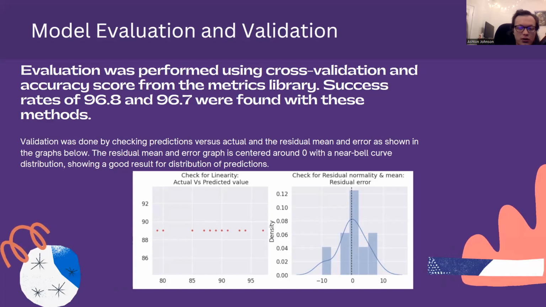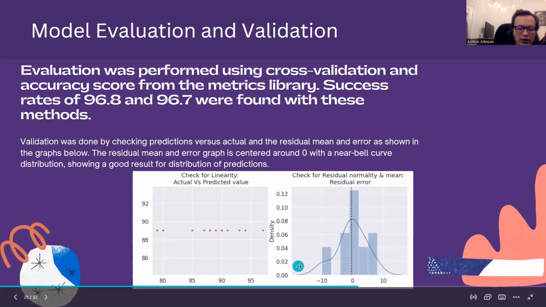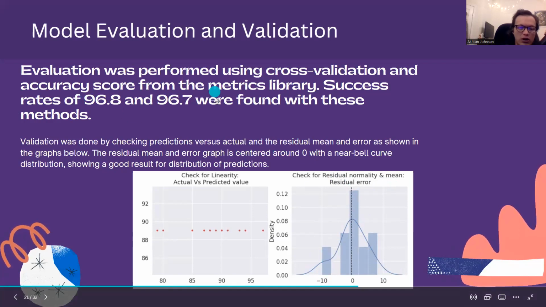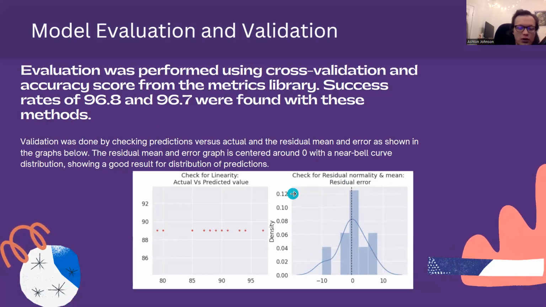The spread of the residual normality and mean residual error graph is wider than we would hope it is. A graph where -10 and 10 were not the markers, instead -5 or 5 or even smaller would correlate with a better percentage score for this.